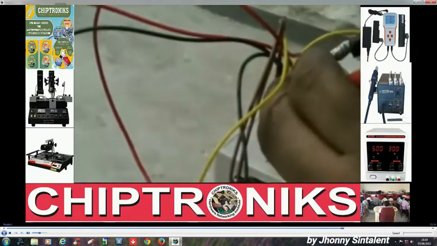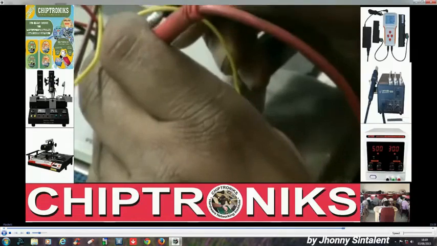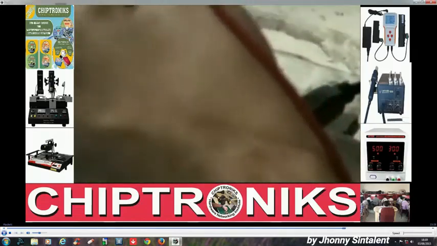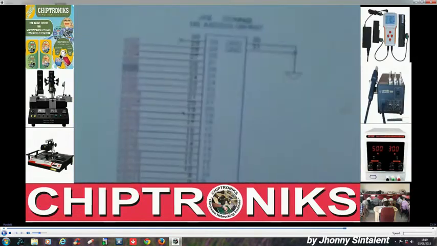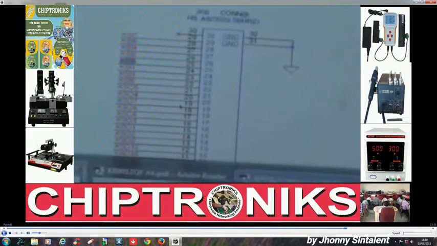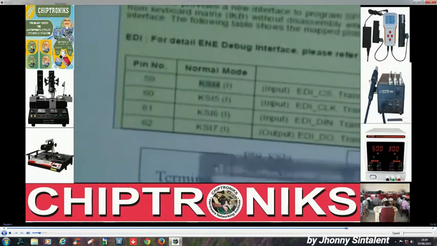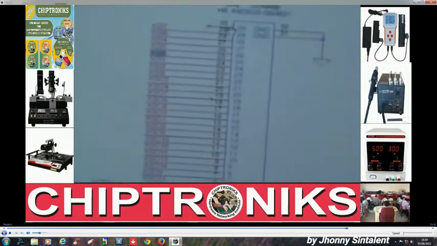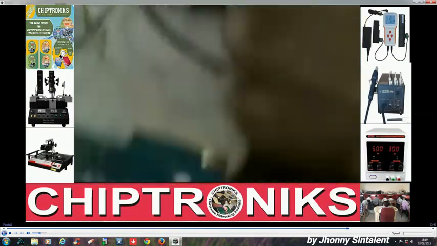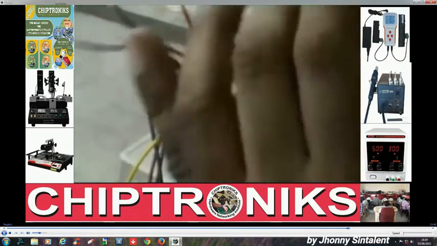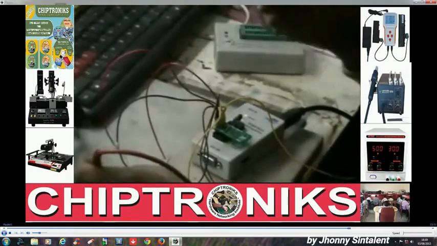You can see 2 will give a beep. So we have to connect this pin number 2 with KSI7. And where is KSI7? KSI7 is pin number 29. So this wire 2 will be connected to pin number 29 of this keyboard connector.